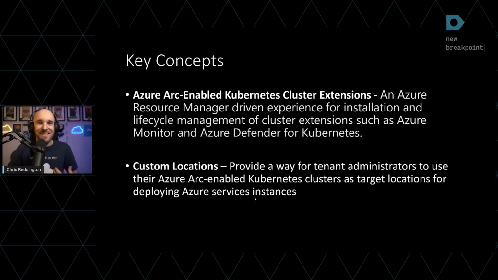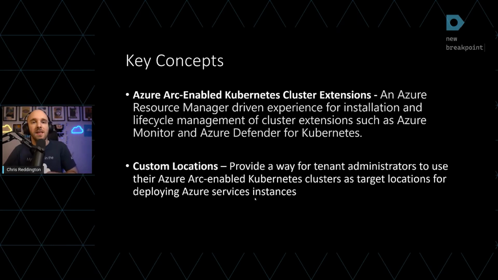That's a lot of words. What does that mean? Well, we've just looked at what an Azure Arc-enabled Kubernetes cluster is. We take a Kubernetes cluster, we install the Azure Arc agent onto it, and we're able to manage that through Azure. Cluster extensions are a concept for these Azure Arc-enabled Kubernetes clusters. Think about it like a plugin, an additional set of functionality that you can install using the Azure Resource Manager experience.